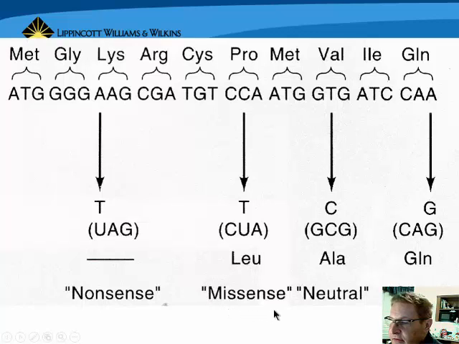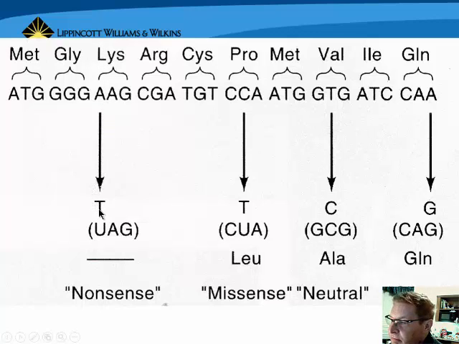Now, these other two are kind of fun. Here, changing that C to a T gives us a change in the amino acid sequence of proline to leucine. And so this is a missense mutation because that single base pair caused a change in the amino acid sequence.